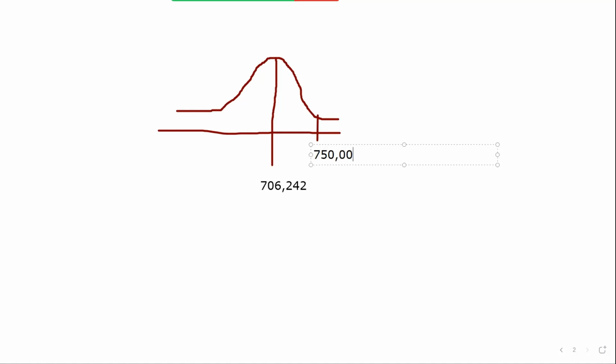I'm looking at greater in part A, so this is greater than this. Remember I need the z-score, and the mean of the distribution is 0.